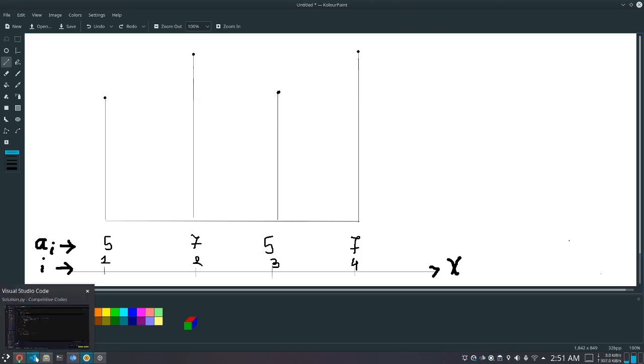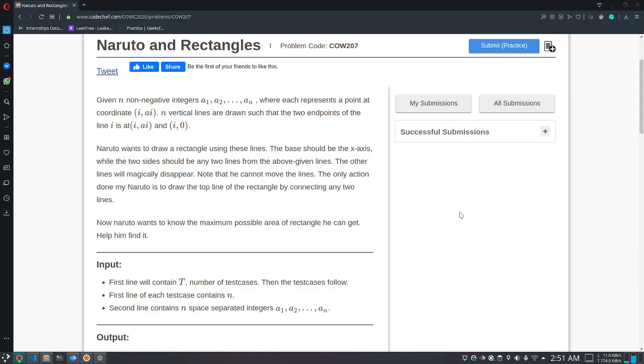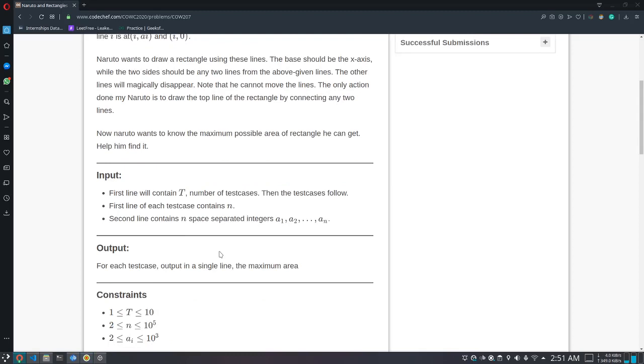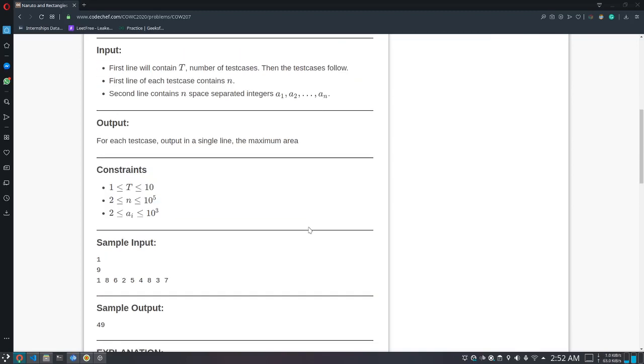Okay, now let's see what are the input and the output constraints. So input has t number of test cases, and for each of those test cases there is a variable n, and after this variable n we have an array of n numbers which represent the y coordinate of the lines.